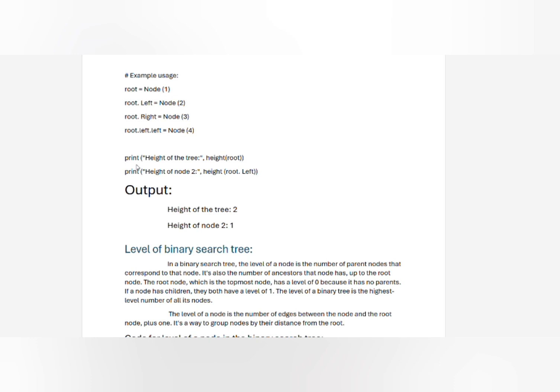We are going to print the height of the tree, which is the height of the root node. As we discussed, the height of the root will be the height of the tree. Then print the height of node 2, which is the height of root.left. The output will be: the height of the tree is 2 and the height of node 2 is 1.